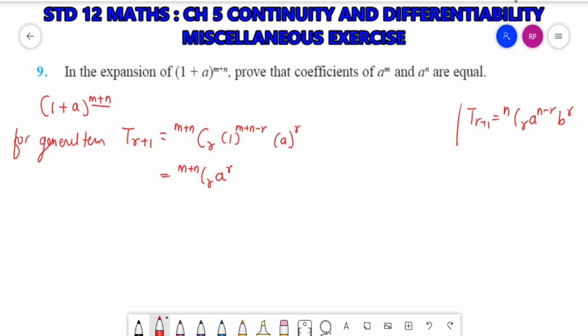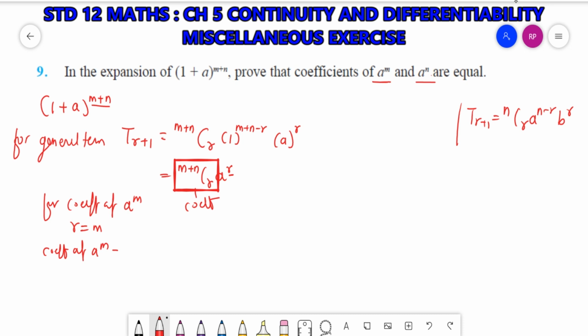Clear? Now see, we have to prove that the coefficient of a^m and the coefficient of a^n are equal. For the coefficient of a^m, r must be equal to m, and for a^n, r must be equal to n. So for the coefficient of a^m, r is equal to m. And what is the coefficient? This is the coefficient. So the coefficient of a^m is m+nCm.